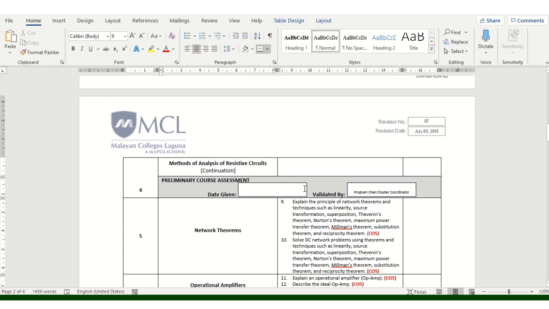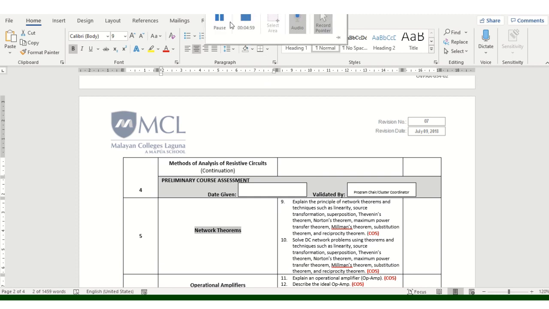Now, on the fifth week, we'll study the different theorems associated with circuit analysis. These are additional tools that make the analysis simpler and easier.